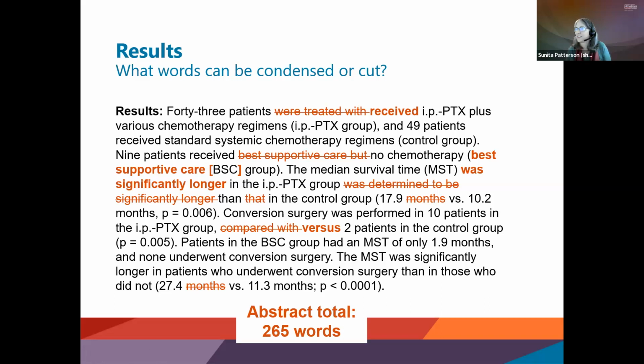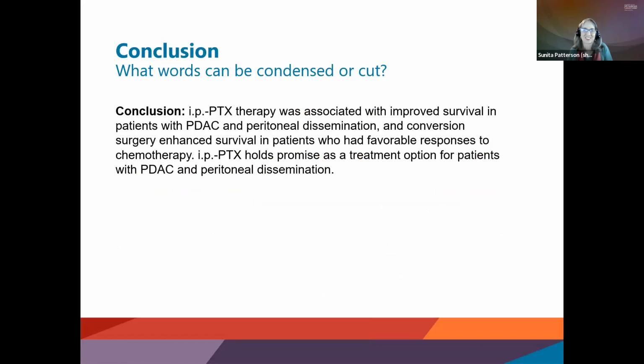That would definitely, oh, okay, somebody's typed in a whole sentence. Conversion surgery patients had significantly longer MST. Oh, nice, shortening the last sentence. Yes, that's good. That's very good. Great, that's good. Nice. Some great additions to what we had found.